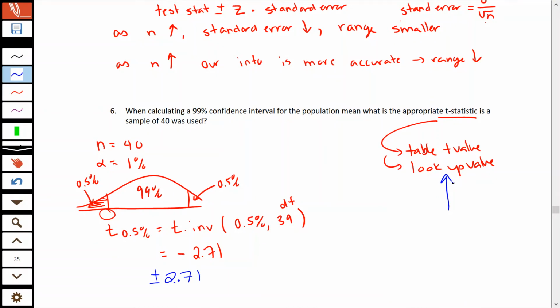It would have never given us the negative number in the lookup table. We would have just known that we could use it for negative or positive. So in our multiple choice, if it had given us 2.71, that would have been an acceptable answer. It'll only give you the positive values because it knows that you're going to be using it in a confidence interval where it's plus or minus, and you know that if it's on the lower side, you would just add that negative.